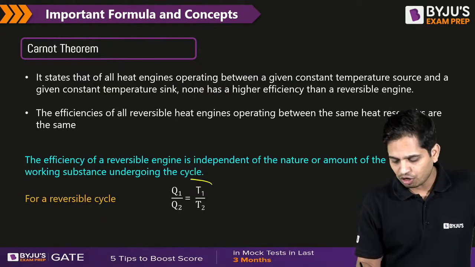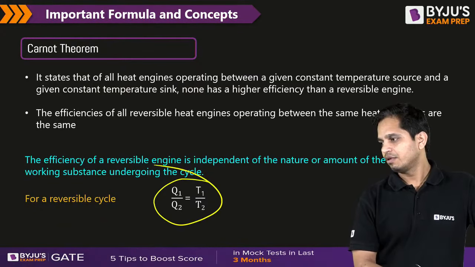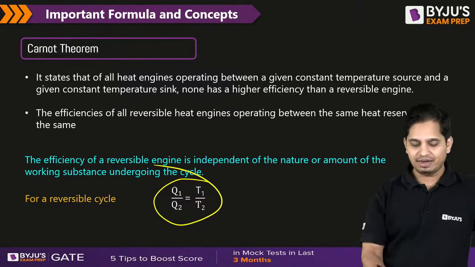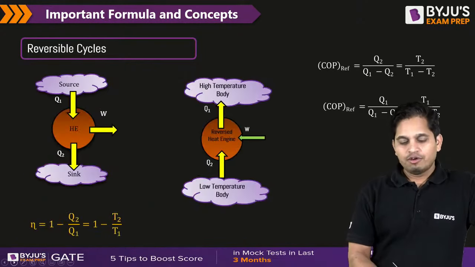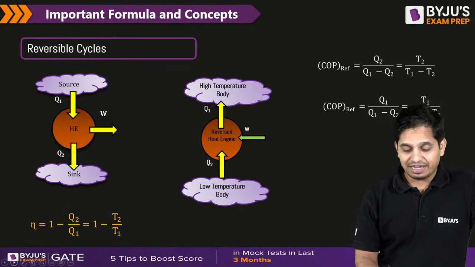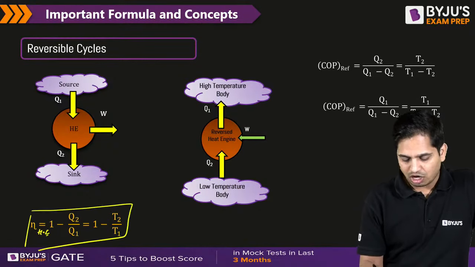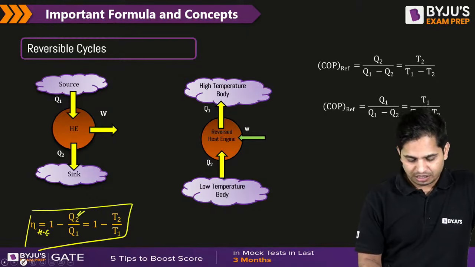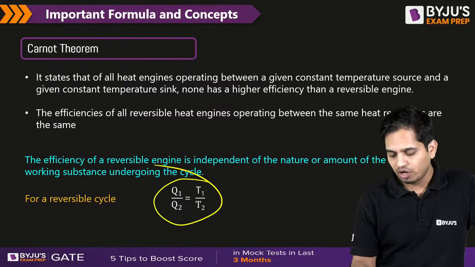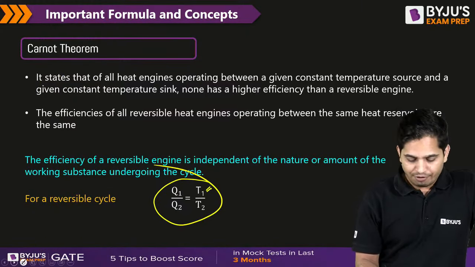Okay, so we can conclude this for a reversible cycle, and therefore for reversible cycles I can use this for a heat engine. Just now I have defined that Q1 by Q2 is equal to T1 by T2.